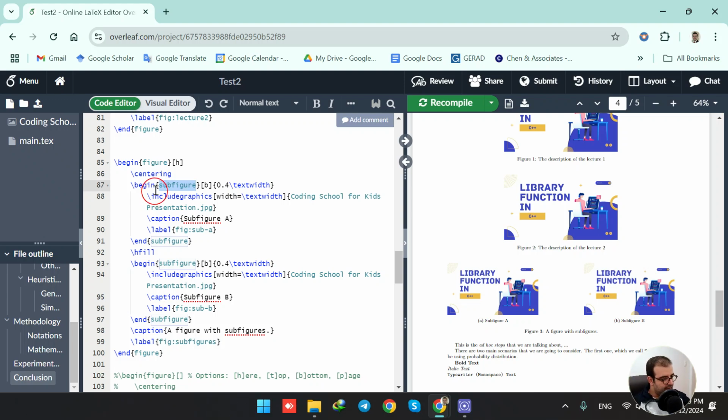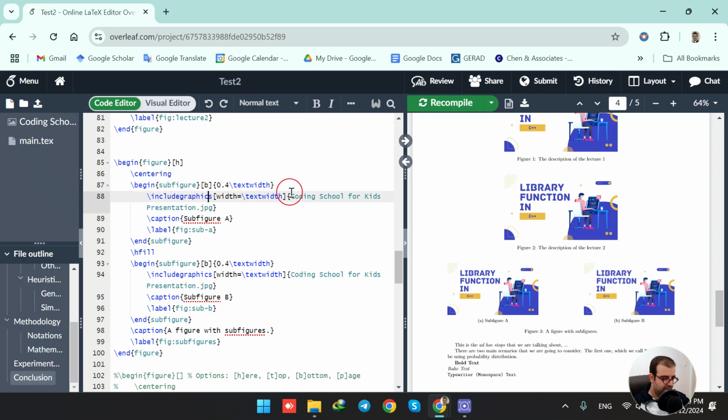Okay. So then we have the begin subfigure, and you type down the part that you would like to have. For example, the width, and where you would like it to be. For example, here it is B. You can leave it to be H, you can leave it to be T, H, T, depending on what you want.